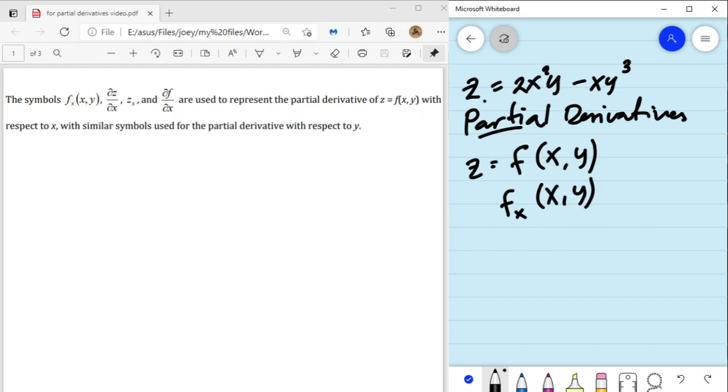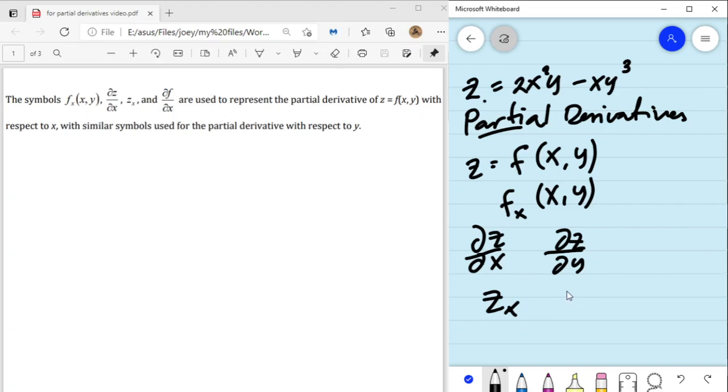Or it could be this symbol here, partial derivative of z with respect to x, that is if we derive it with respect to x, or partial derivative of z with respect to y, whatever the case may be. Or it could also be written as z sub x, meaning we derive z with respect to x.